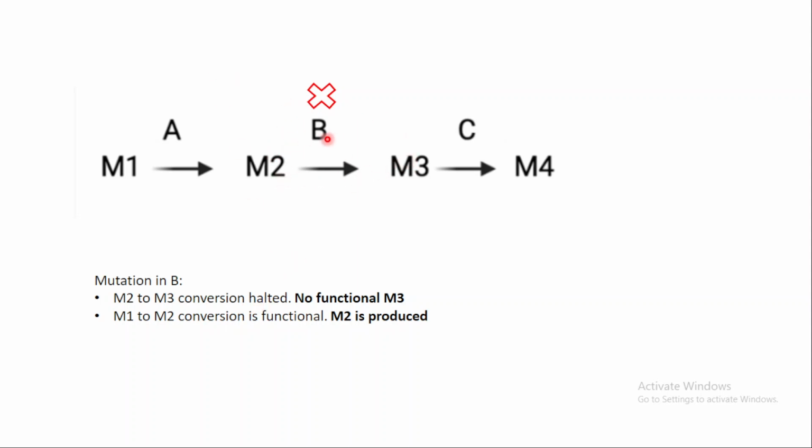This will not happen, so there is no functional M3. Since there is no functional M3, there cannot be functional M4. So both M3 and M4 are not produced. But the M1 to M2 conversion is functional because we do not have a mutation in A. A is still functional. That's why M2 is produced.